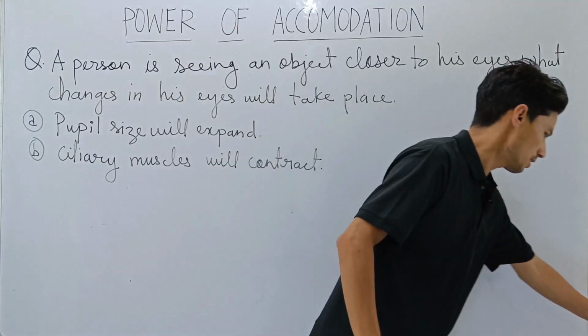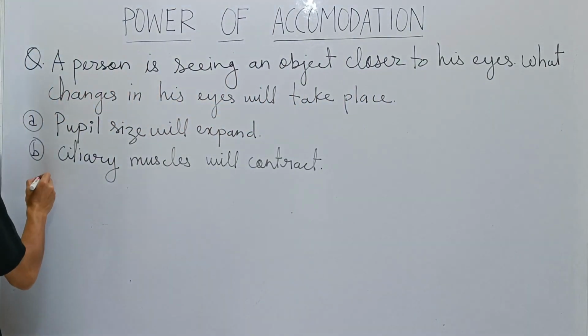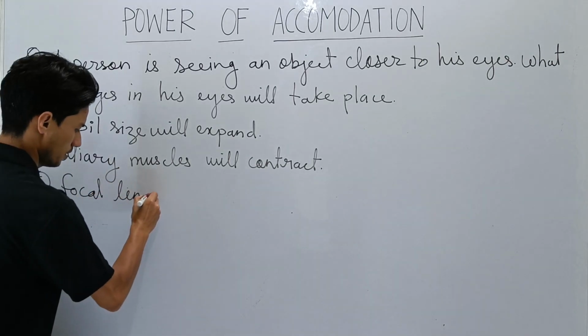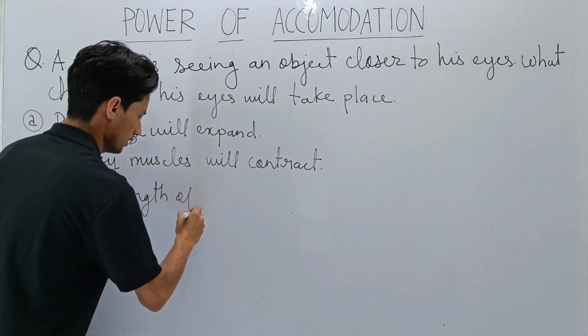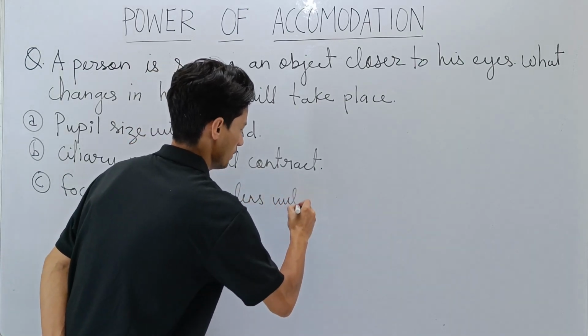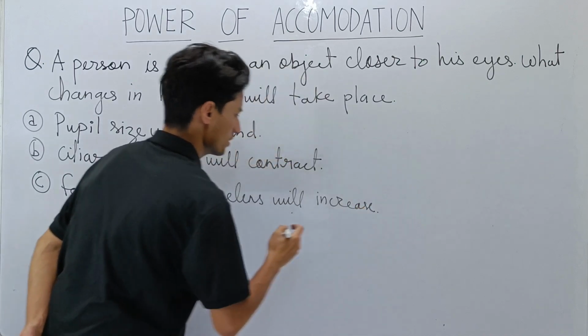Let me use a new marker. Option C, focal length of the eye lens will increase.